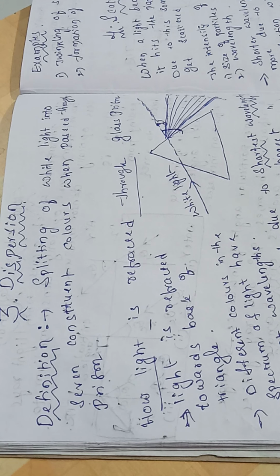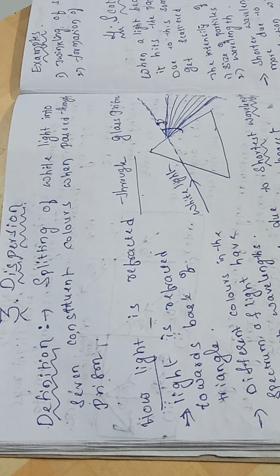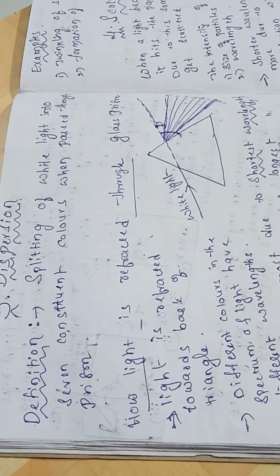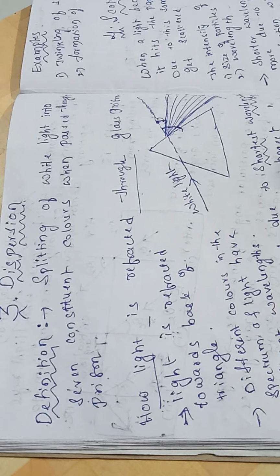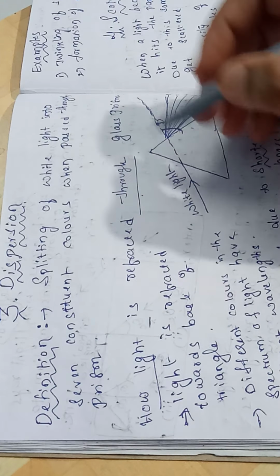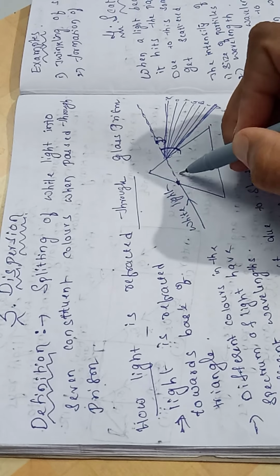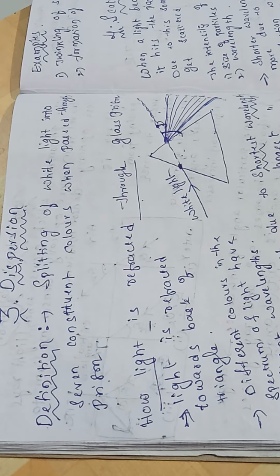Actually, the refractive index changes with the frequency of light and hence wavelength. When light passes from air to glass or glass to air, first refraction takes place.